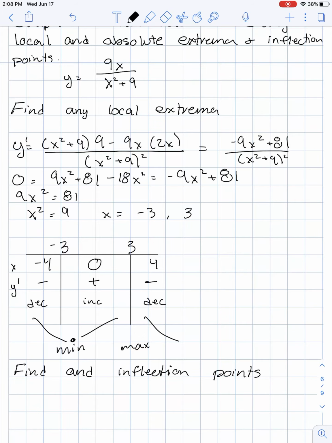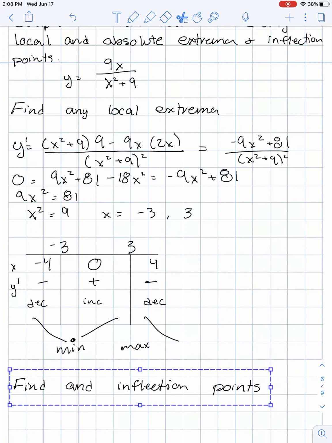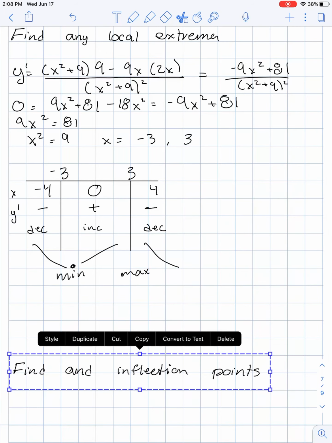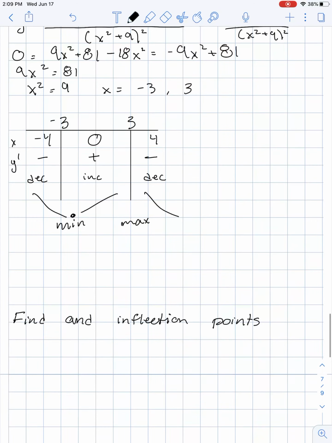So depending on what your multiple choice options are, I think they're like local minimum at this place, local max at this place, and one answer gives you 2 options, and then a local max is only here, there's only a local min, it's only here, and then there's no local extrema. So in this case, I would choose the one that said local min at x equals negative 3, local max x equals 3.